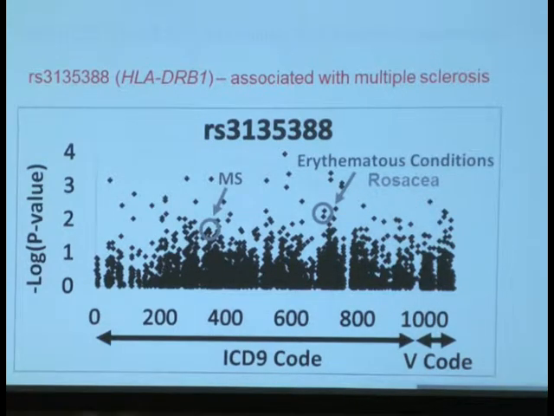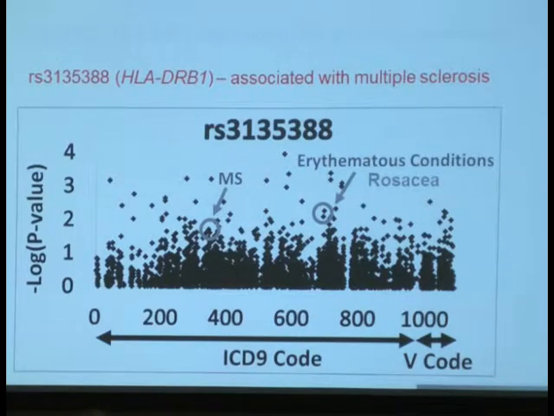So erythematous conditions is a very broad condition defining redness of the face, and a more specific code within that erythematous ICD-9 code is rosacea. So what's important is that now we can begin to understand, if we understand a little bit more about rosacea, we can gain a lot more insight into multiple sclerosis and vice versa.